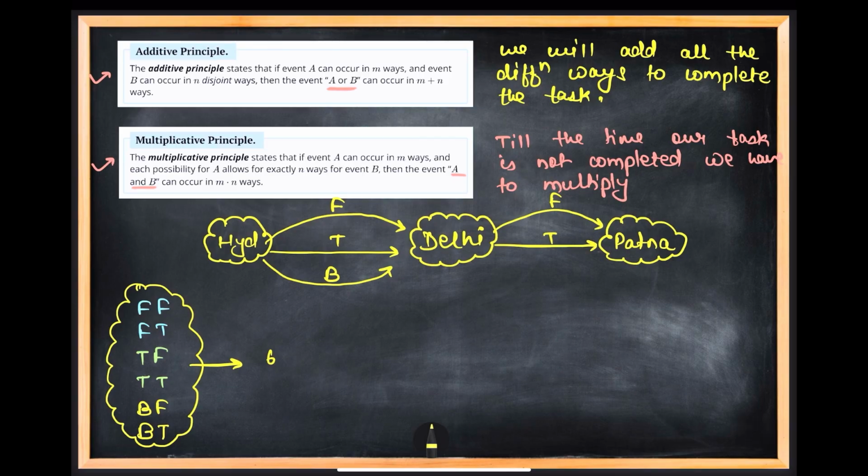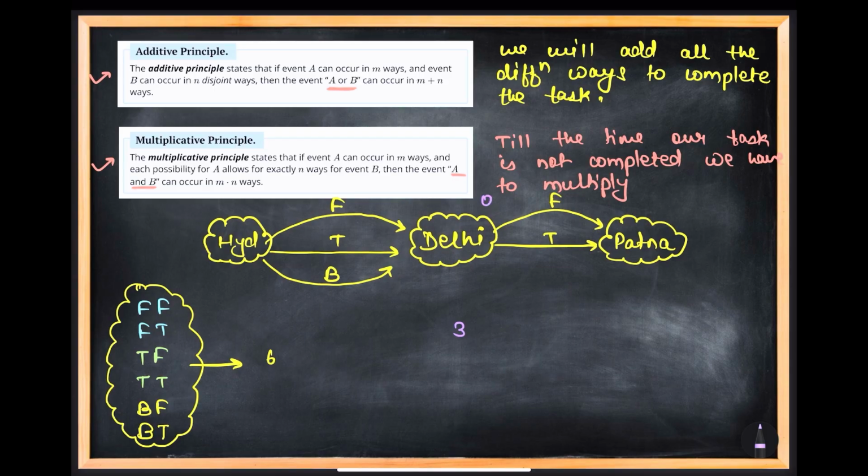Now try to understand how we will solve the same problem using the principle of multiplication. We have to reach Patna, and we can reach Patna via Delhi. From Hyderabad to Delhi you can reach in how many ways? There are 3 ways: you can use flight, train, or bus. Now you are at Delhi. You know that till the time our task is not completed we have to keep on multiplying.